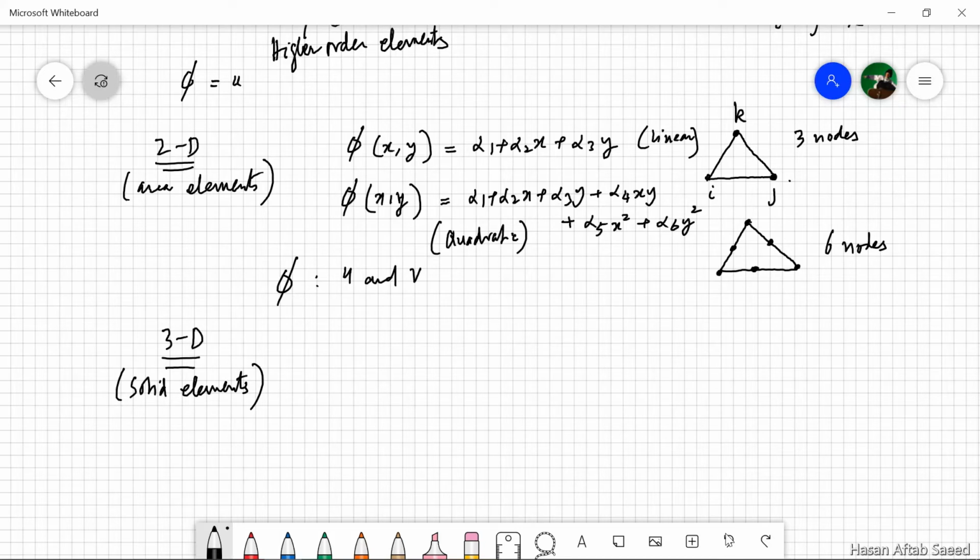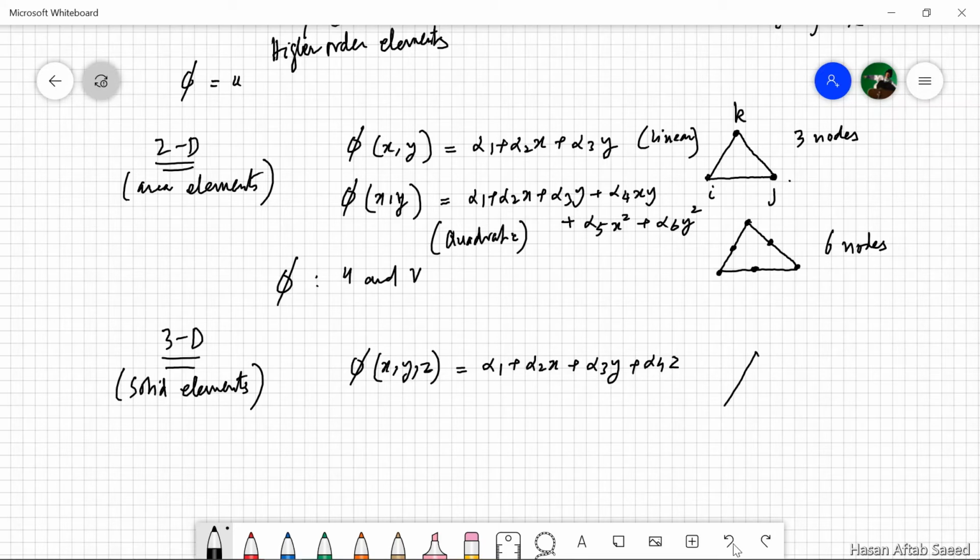But a linear displacement function for 3D, first of all, it will depend on x, y, and z axes coordinates, because there are three directions now, and the displacement will keep on changing in all three directions. At least potentially it can. So you need to have, for a linear distribution, alpha 1 plus alpha 2x plus alpha 3y plus alpha 4z. Now you need 4 nodes.